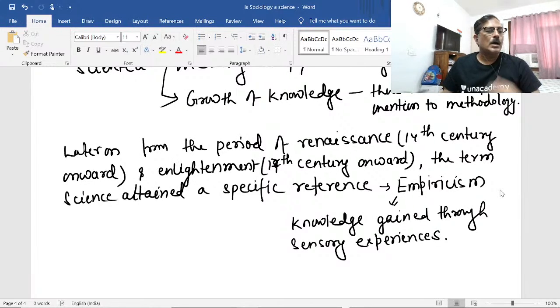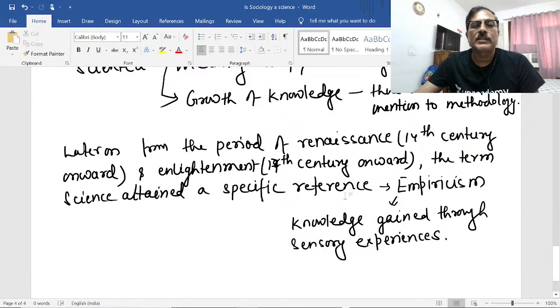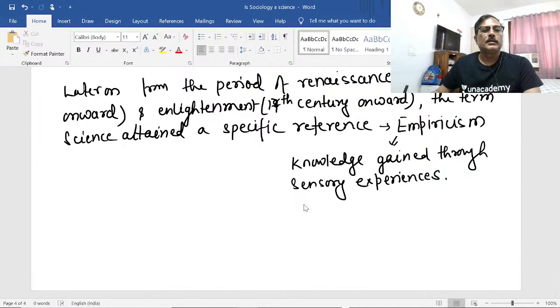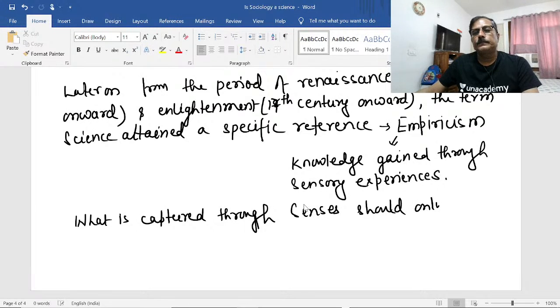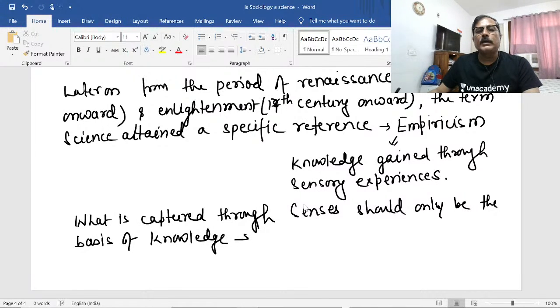That means what you are able to capture through your senses should only be the basis of knowledge, and this is what is called scientific knowledge.